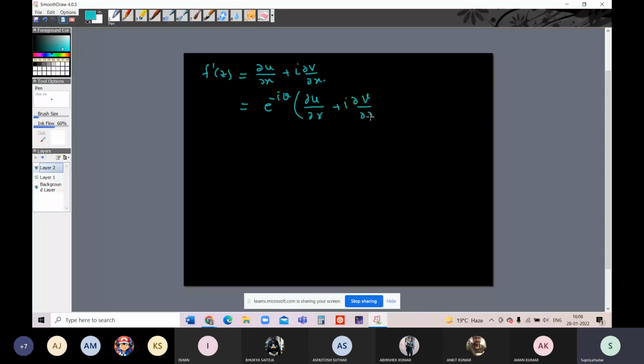And this can also be written as (1/r) e^(-iθ)(∂v/∂θ - i ∂u/∂θ). By using the CR equation here, we will get this expression. So this is the derivative of the function in polar form.